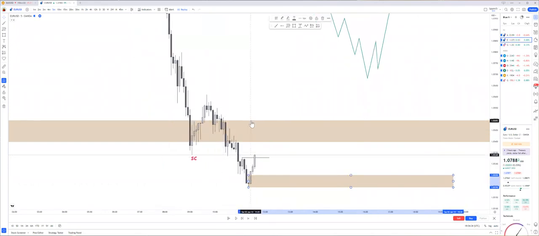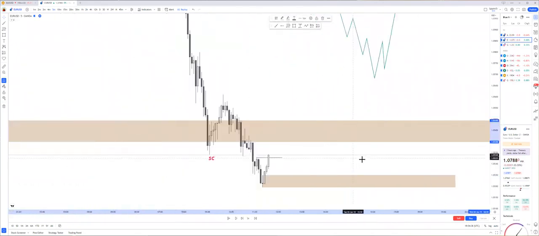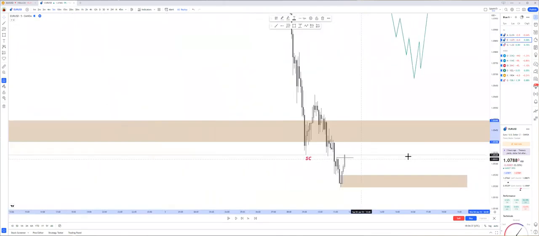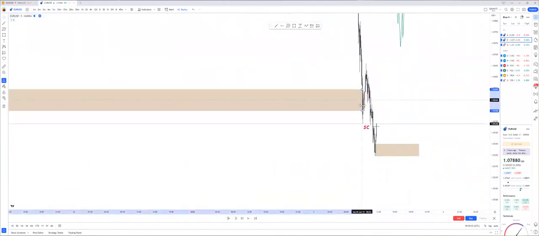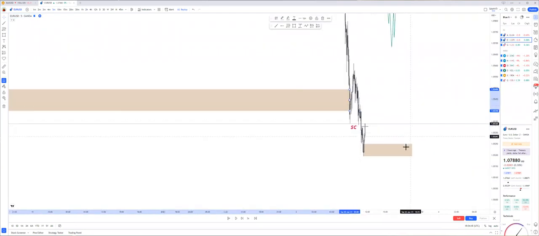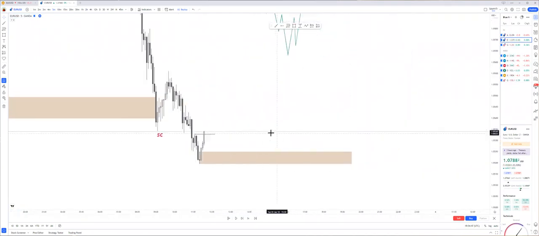So now what I can do with this zone is remove all of this, or I can actually stop it here where it got violated. I tend to do this. I just stop it where it got violated.